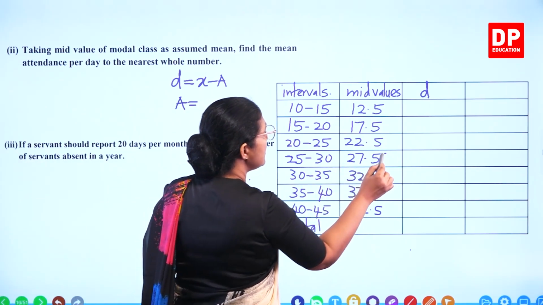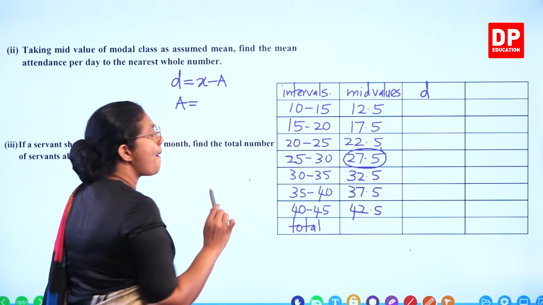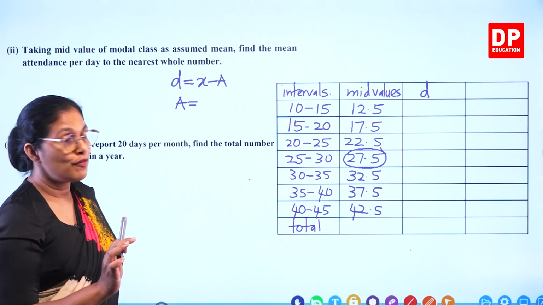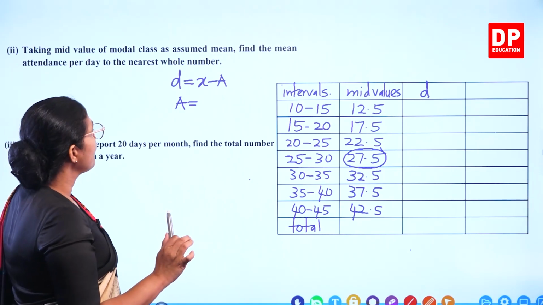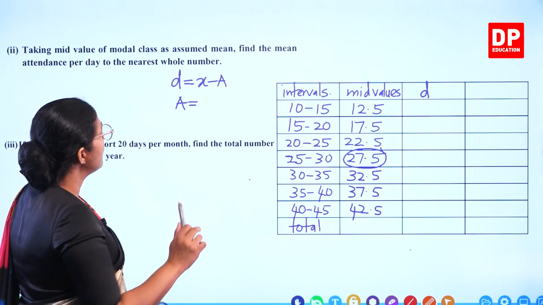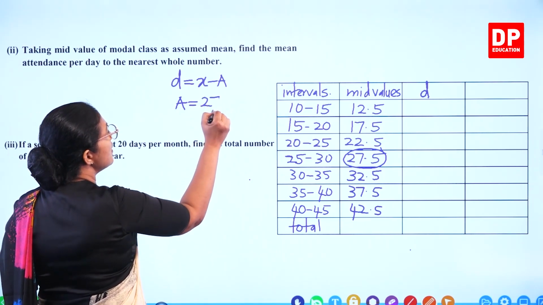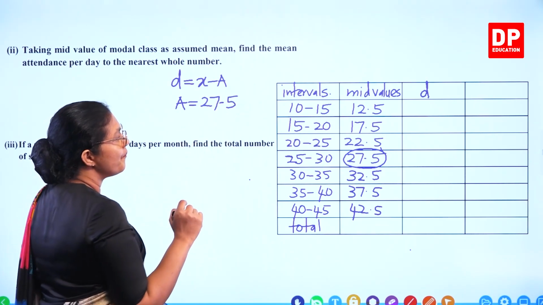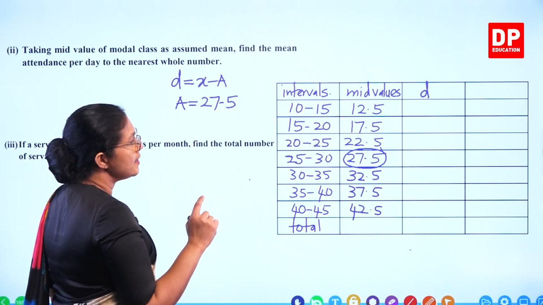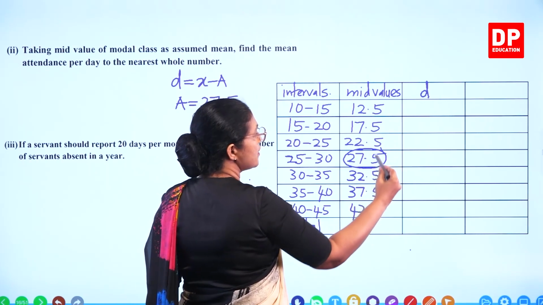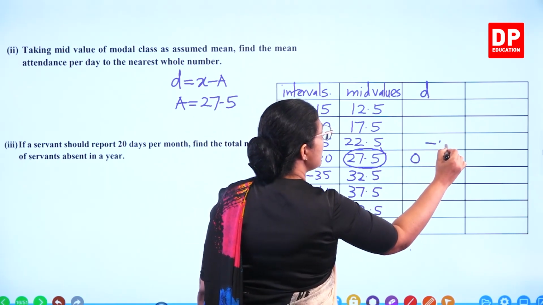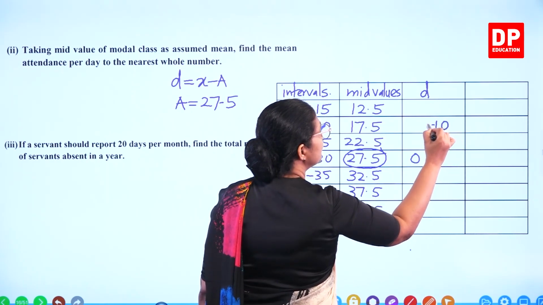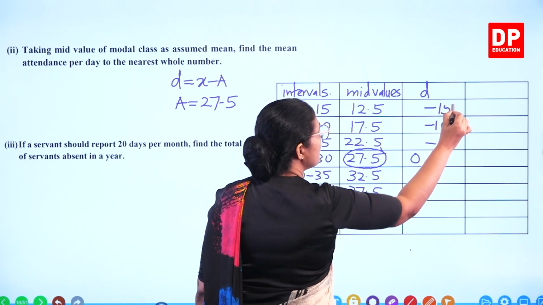We take the mid value of the modal class, 27.5, as A. So 27.5 is the assumed mean. Now you have to take the deviation. Subtract these two, and you get 0 here, minus values here, plus values here.